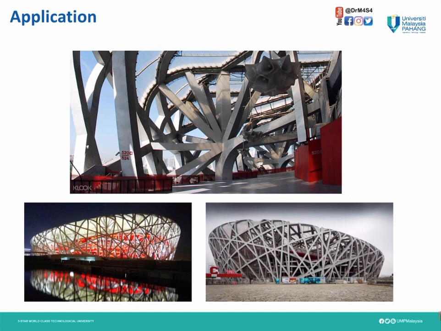Here is another example, the Bird's Nest stadium in China. This main structure is made from steel. As you can see here, the shapes are getting more complicated. Also, you can find on YouTube how they built this Bird's Nest.